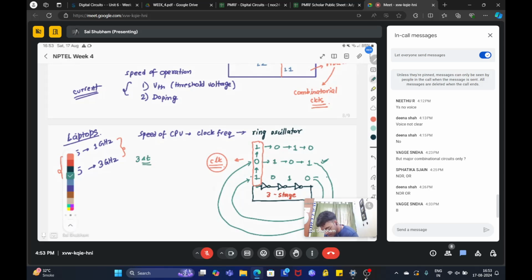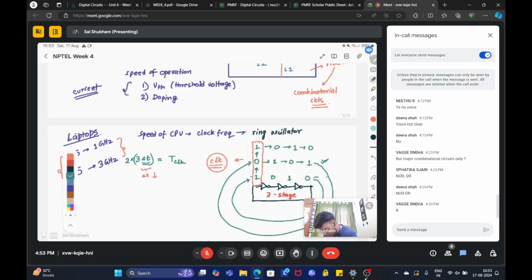The clock time period will be 2 into 3 delta t, because half of the time it will be low and half of the time it will be high. There are 3 inverters and delta t is the time of one inverter. So for a faster circuit, this delta t will be very less.